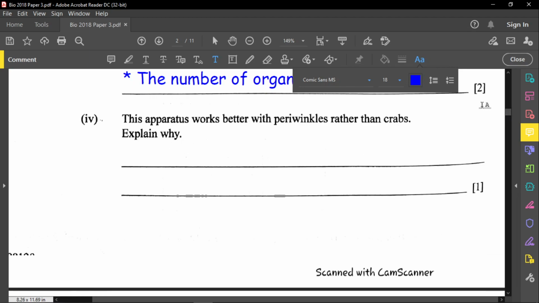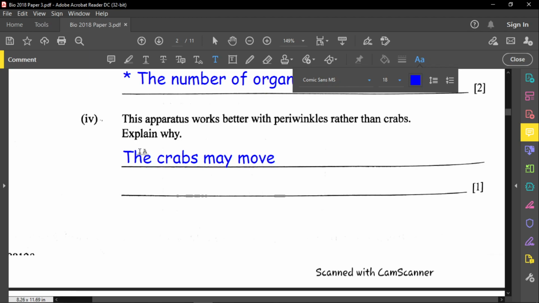Part 4 now is saying that this apparatus works better with periwinkle rather than crabs, and explain why for 1 mark. Simply because the crabs may move out of the square. Generally they actually will move, because once you toss something over them, they want to run away.